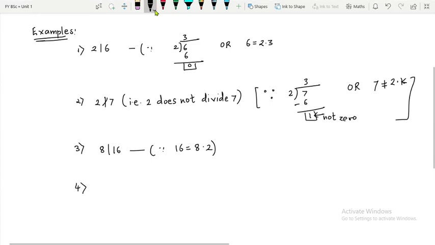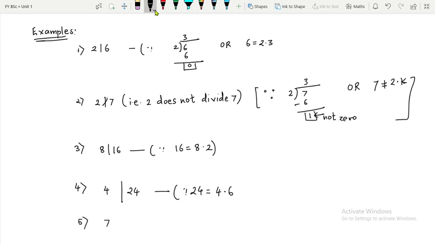Fourth one: what can you say about 4 and 24? Will 4 divide 24? Obviously yes, because 24 can be written as 4 multiplied by 6, isn't it? Now if I talk about 7, will 7 divide 40?